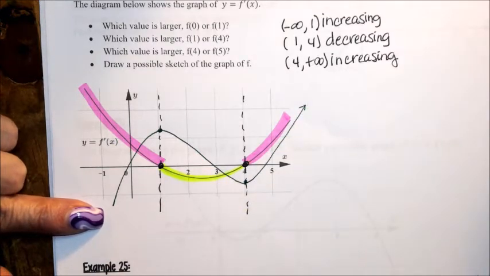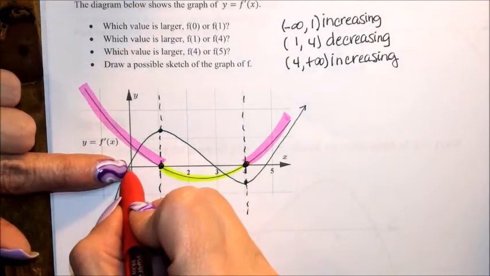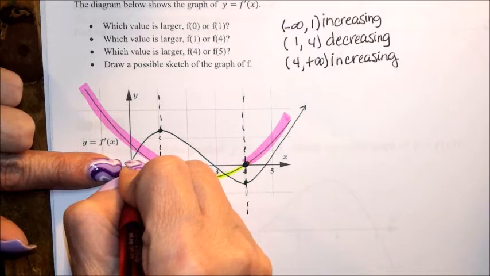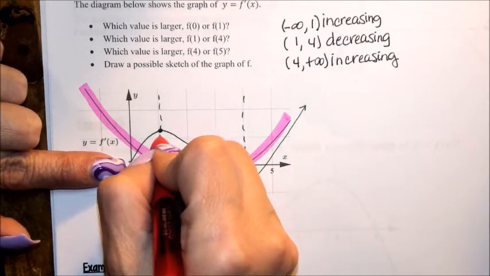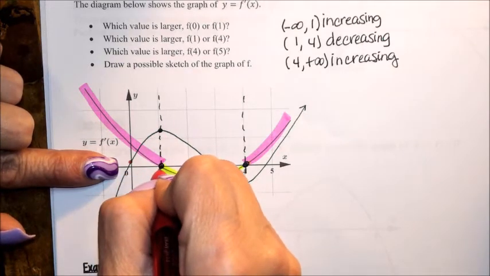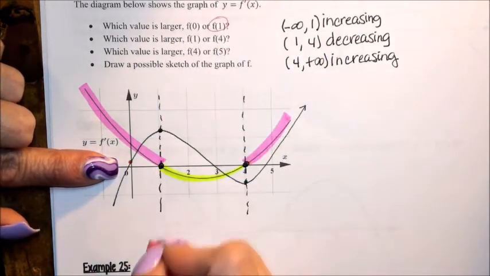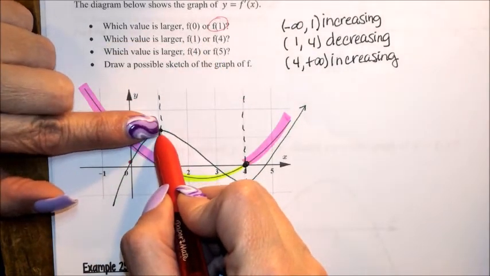So I'm going to grab my red. I'm going to put it on here. f of 0. When x is 0, right here, or f of 1. Here's 1. Which is bigger, f of 0 or f of 1? f of 1. Which value is larger, f of 1 or f of 4?